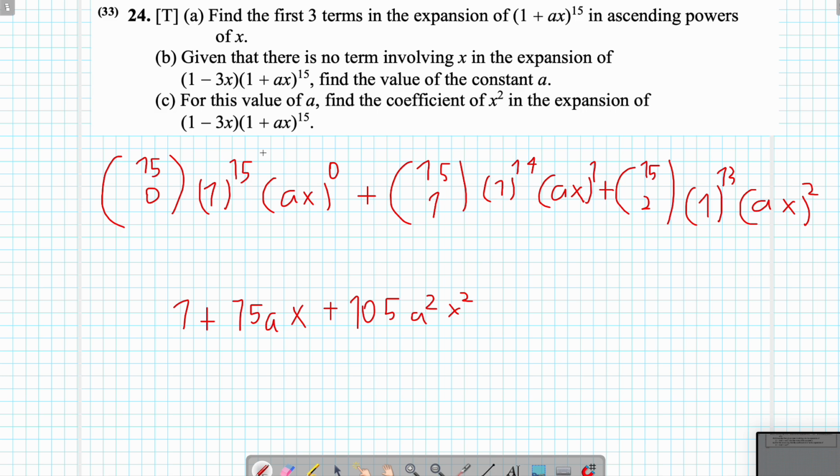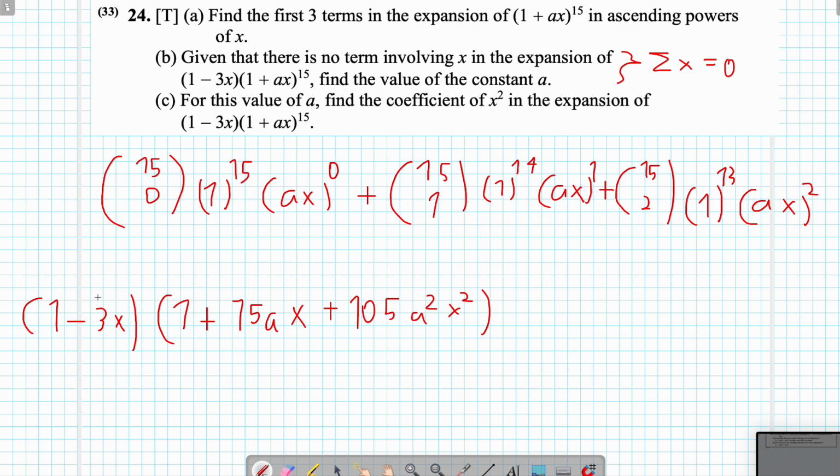Okay. Given that there is no term involving x in the expansion of (1 minus 3x) times (1 plus ax) to the 15. So this means that the summation of everything related to x is equal to 0. All of that times 1 minus 3x. And then now we will distribute to everything that has x, just x, not x squared.